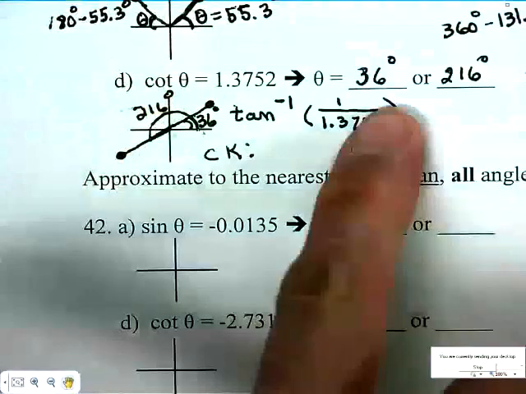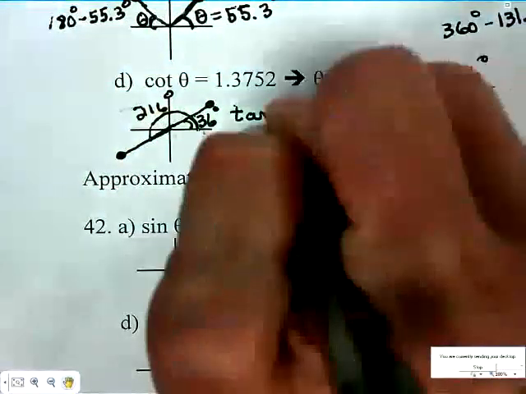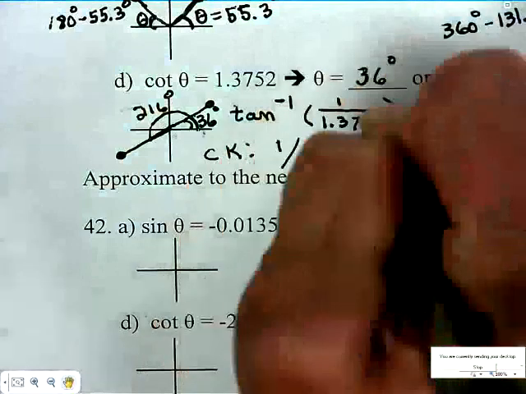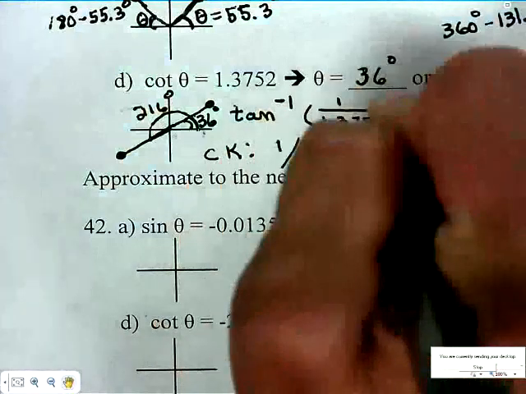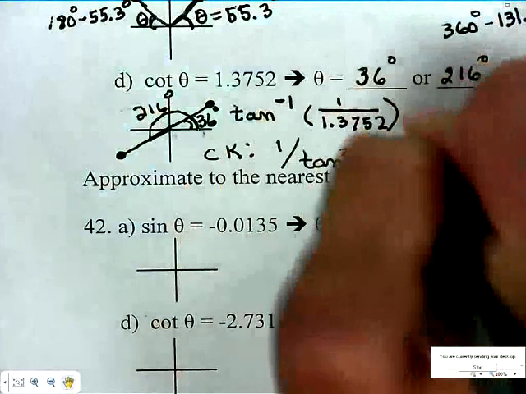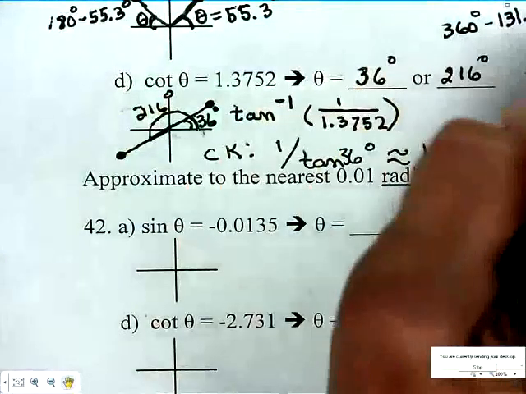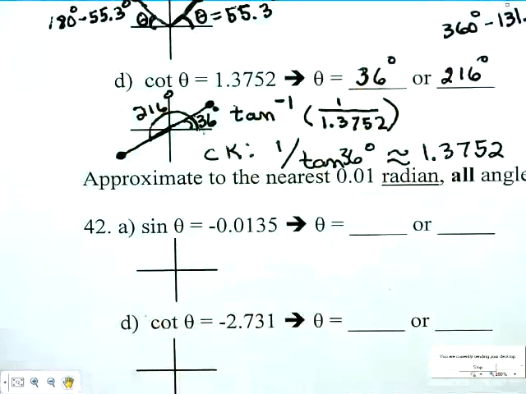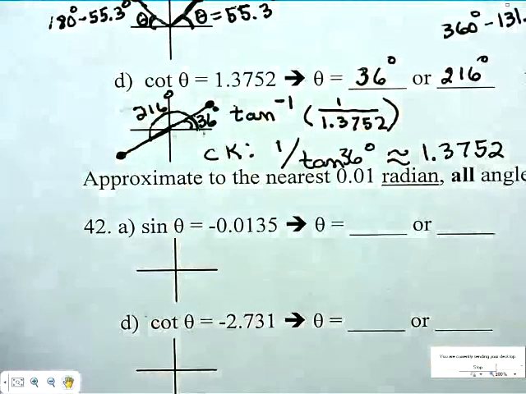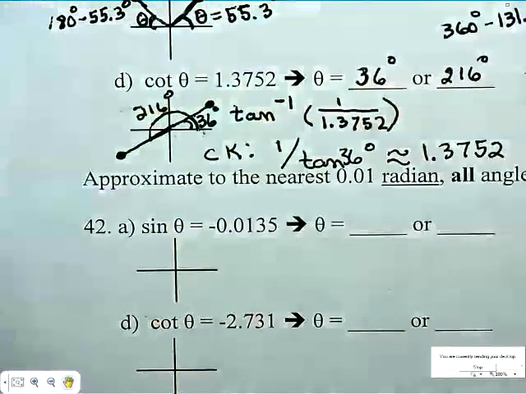Cotangent 36 degrees is 1 over tangent 36 degrees, and that better give me something darn close to 1.3752. Does it? Good.